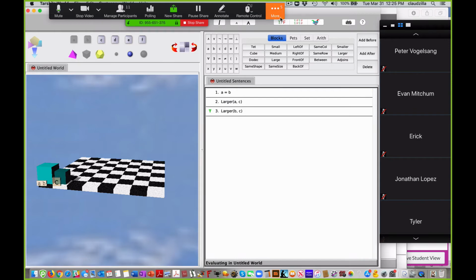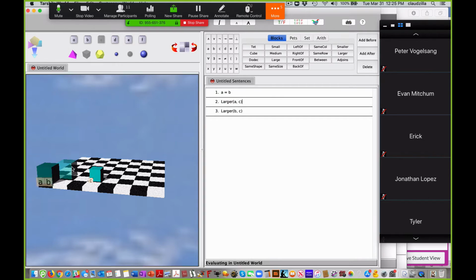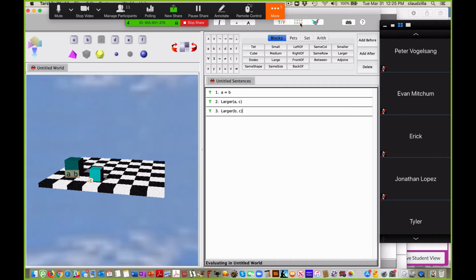Oh well, might as well work them all. A is identical to B comes out true. A is larger than C comes out true. And when we've got this visual on the board, we see that we can't. There's no way for us to falsify sentence 3, right? So I know that just by examining the meaning of the predicates, by understanding what the function of the identity symbol is, I cannot falsify the conclusion.